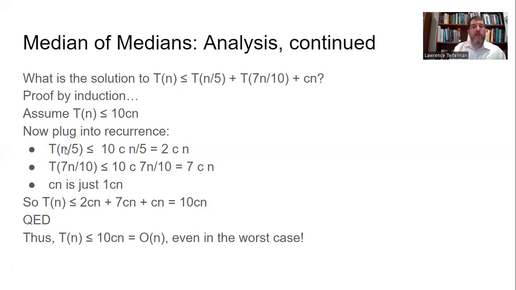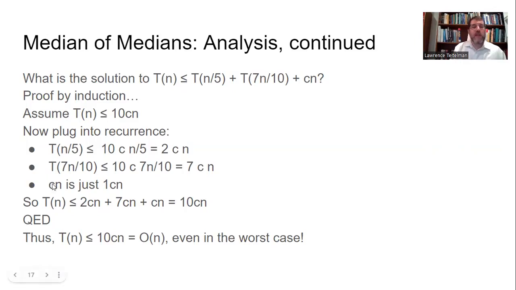So we plug in. What is our n here? N is n over 5 in this case. So we plug in n over 5 for n, and we get 2C of n. In this case, we plug in 7n over 10 for n, and we get 7n over 10 times the 10 is 7C of n.